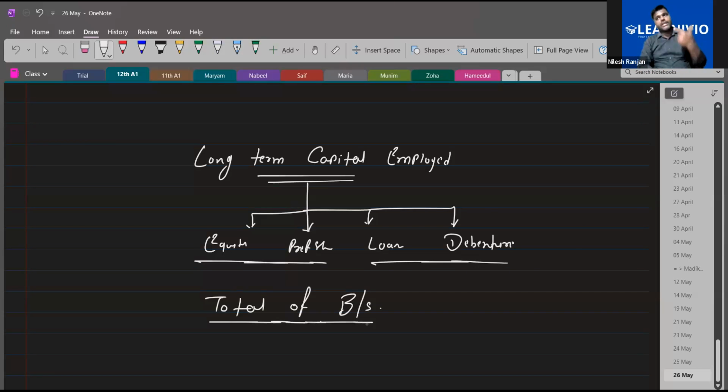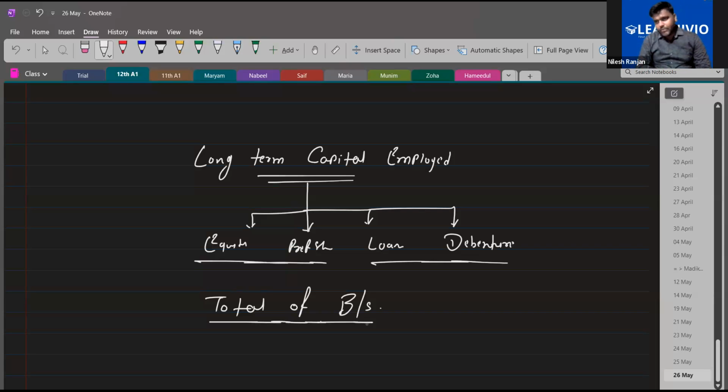So we are comparing every item with total of balance sheet. If there is any change in percentage of any item, then it means there is some change in capital structure.